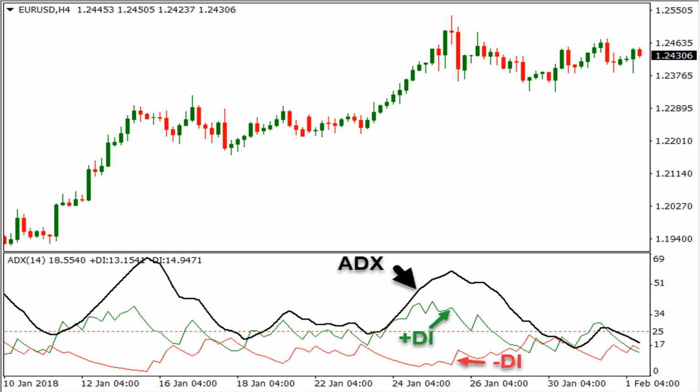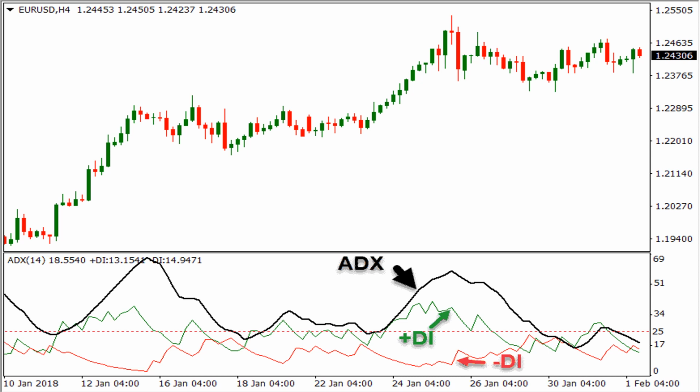Here is a real-world example. As I said earlier, the positive directional index, which is DI plus or plus DI, shows the strength of positive price moves. When it's sloping upwards, it's a sign that the uptrend is getting stronger. When it's sloping downwards, it's a sign that the uptrend is getting weaker. The negative directional index, which is minus DI or DI minus, shows the strength of negative price moves.